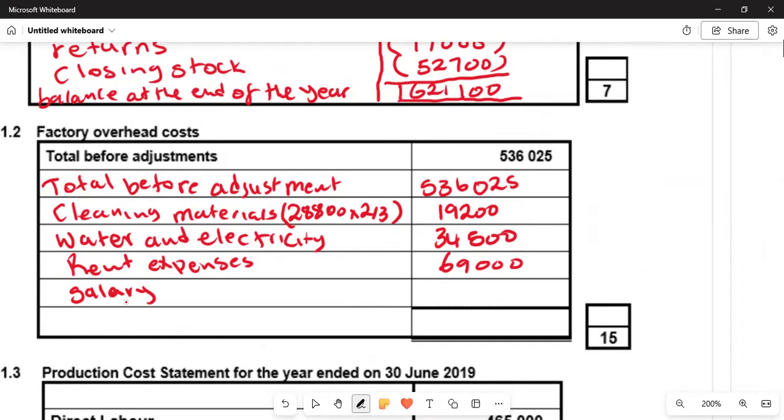We are told that the monthly salary is 15,200 a month.